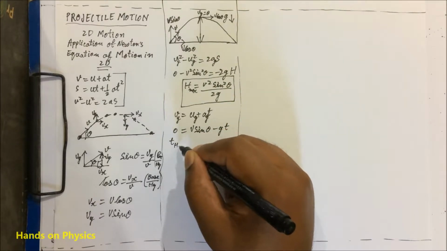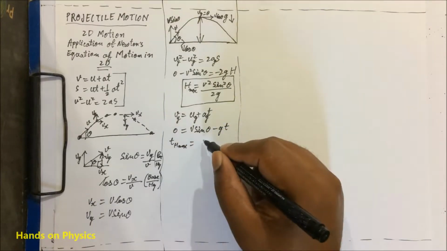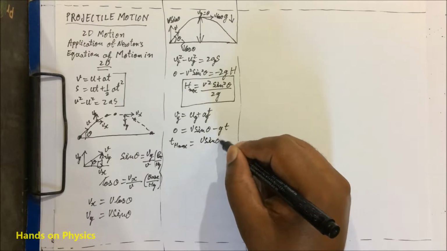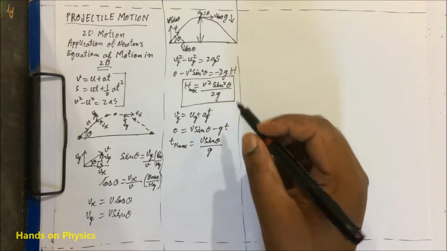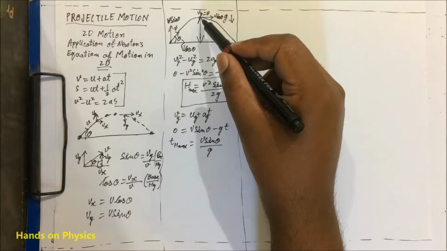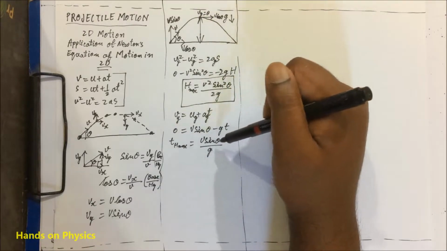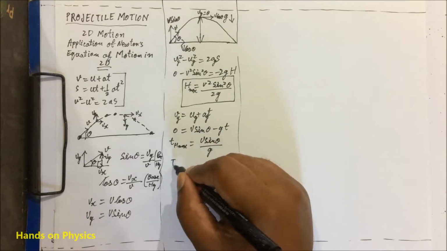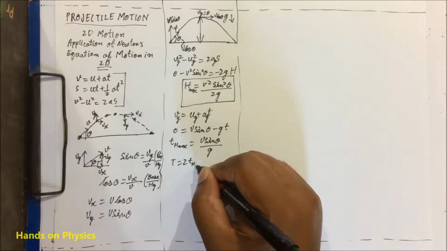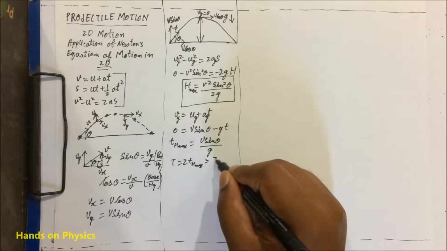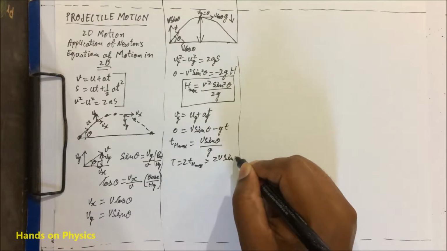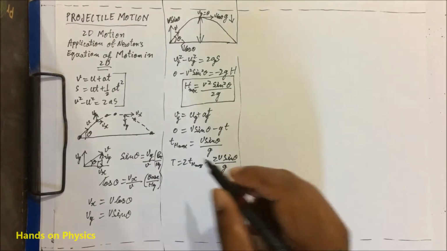So the time taken to reach max height is v sine theta by g. For half of the distance, the time taken is t, that is v sine theta by g. So the total time will be 2 times t at max height, that is 2v sine theta by g.